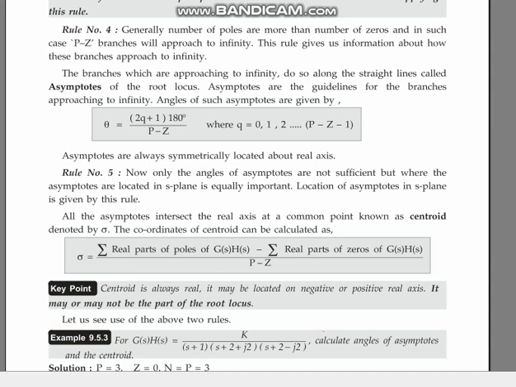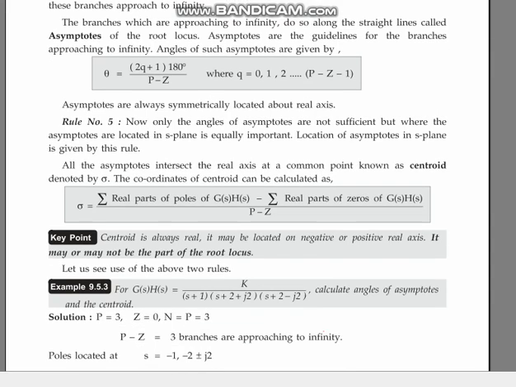By using this formula, we get the centroid point. The centroid is always real because we are calculating only the real parts of poles and zeros. After simplifying, it may exist on the negative or positive real axis, and it may or may not lie on a root locus branch. These are the important points. Now we'll see an example for rules number 4 and 5.